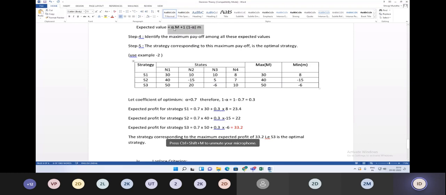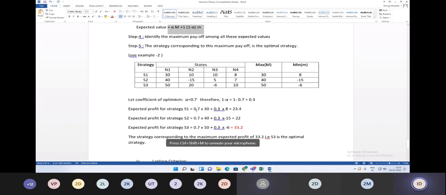So alpha 0.7 multiplied by capital M, which is 30, plus 1 minus alpha multiplied by the value. Are you getting or not?